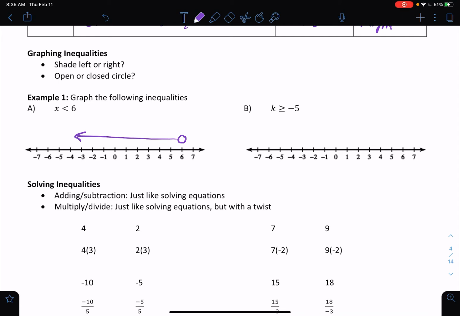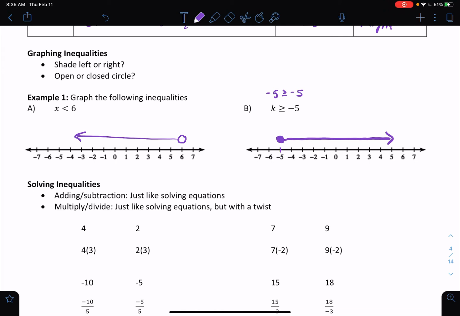Okay? And then in B, we get k is greater than or equal to -5. So I find -5 and I start there. I'm going to do a closed circle because I can include -5. -5 satisfies this, right? -5 is greater than or equal to -5. And since it's greater than, that means any number above -5 will also satisfy this inequality.